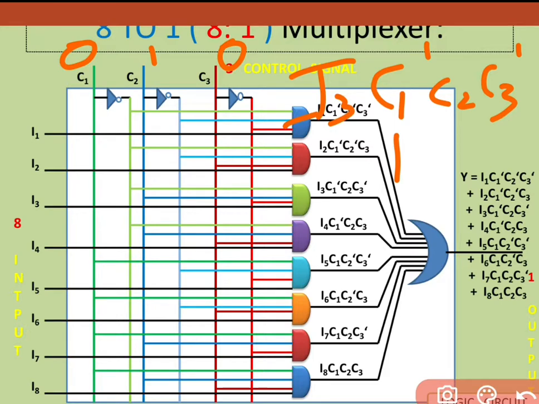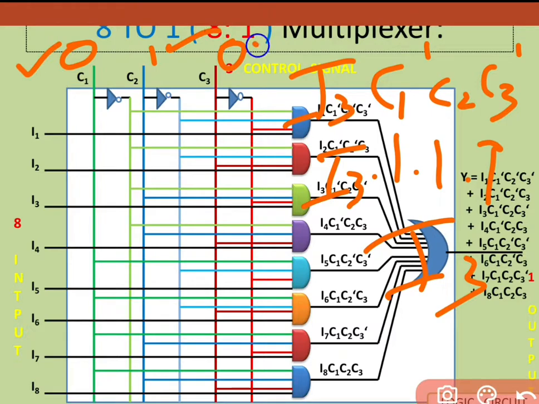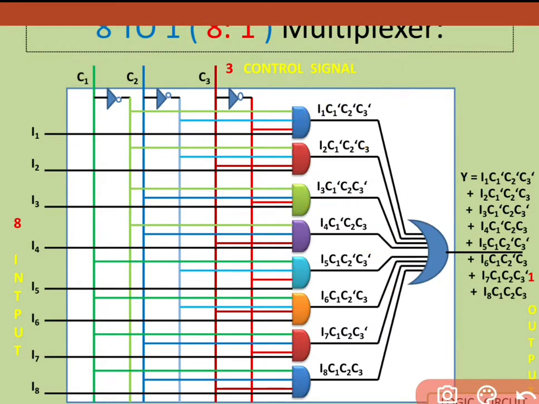Here we are providing 1 means 1 only. And the 0 from this, we are going to negate 0, then we are getting 1, means 1, 1, 1 with I3, means we are getting I3 as output. When a signal provides 0, 1, 0, I3 will become output.